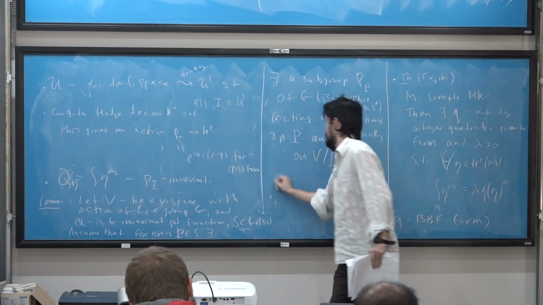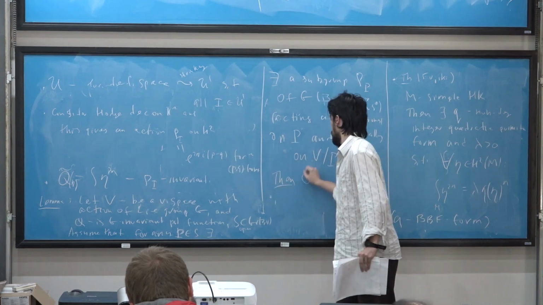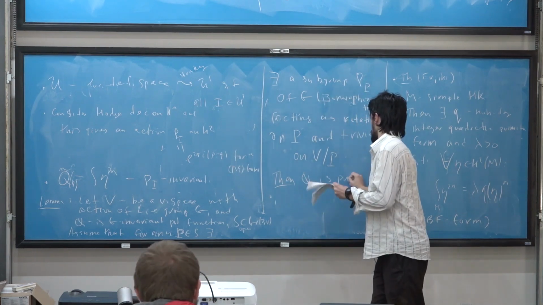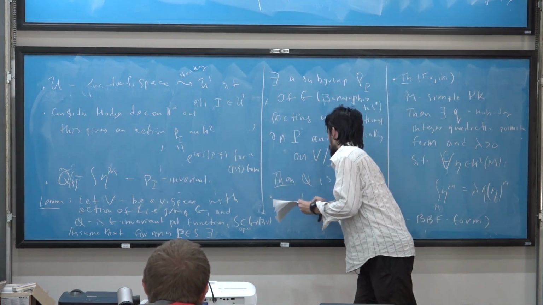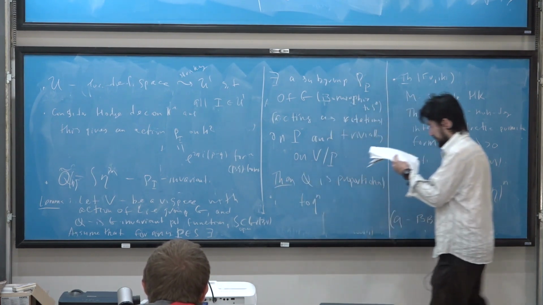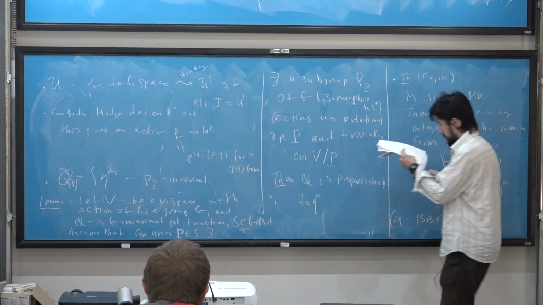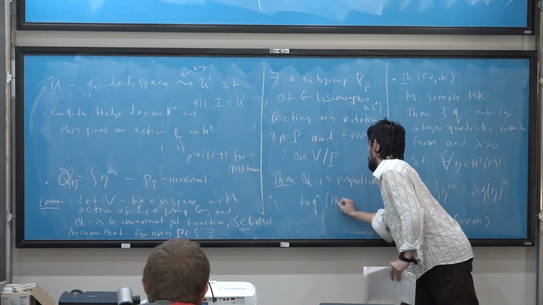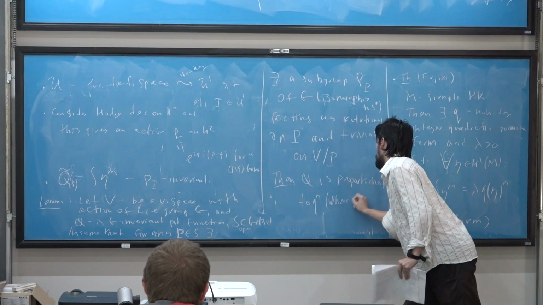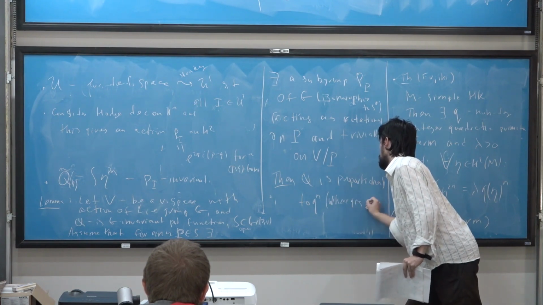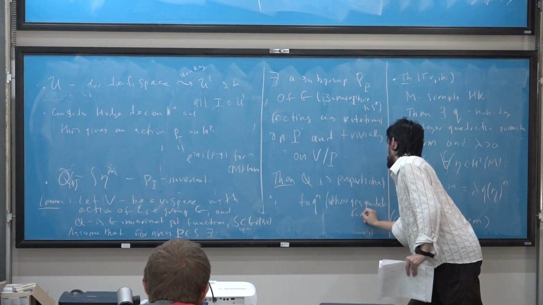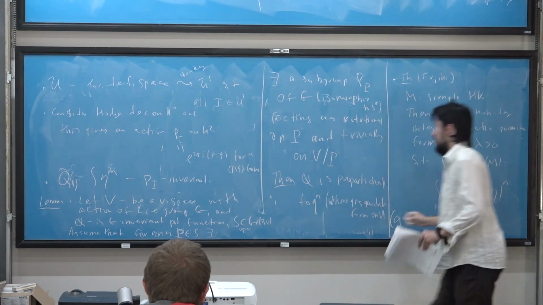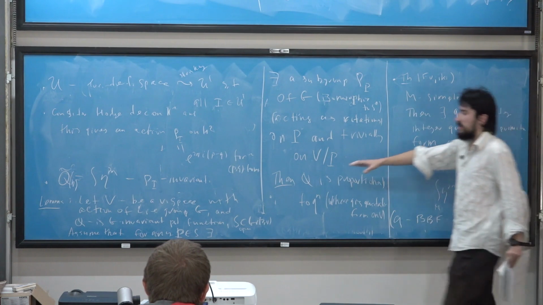Then the statement is that Q is proportional to q to the n, where q is a quadratic form on V. So quite the same argument works for hypercomplex structures.